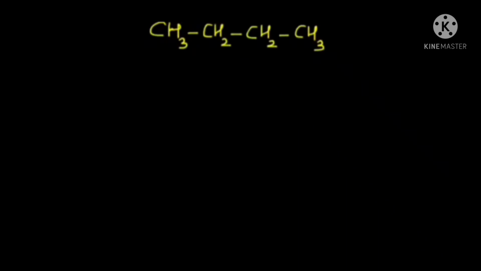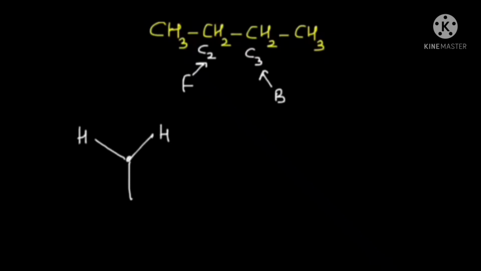So we will draw it from this bond, the carbon 2 and carbon 3 bond. I'll call this the front carbon and this the back carbon, right? So let's draw the Newman projection. On the front carbon I have 3 groups: 2 hydrogen atoms, H, and 1 CH3 group.